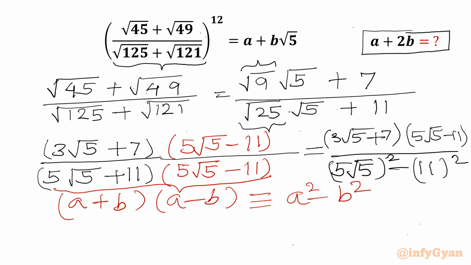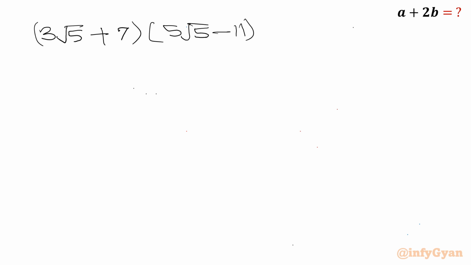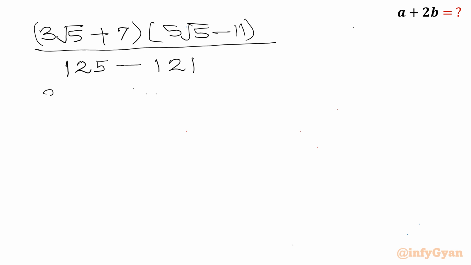So I can write here 3 root 5 plus 7 times 5 root 5 minus 11 over this will be 125 minus 11 square is 121. So I can write 3 root 5 plus 7 times 5 root 5 minus 11 over 4.